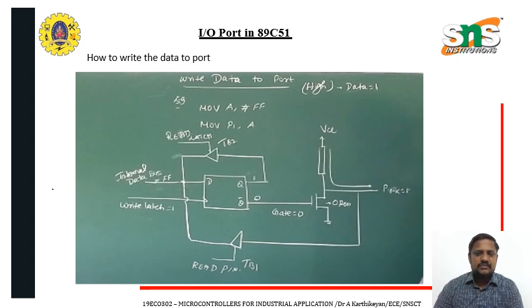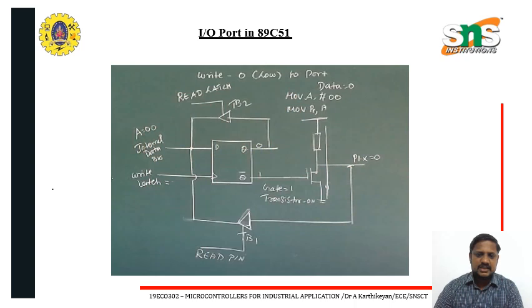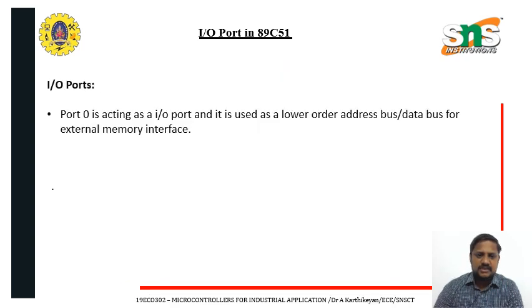We can read and write the port using the external pin. With the write operation, the latch value goes to the external devices, and with the read latch, using the D flip-flop, we can transfer the information and get the read and write pin.